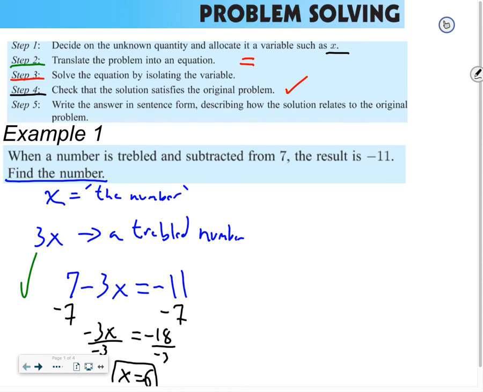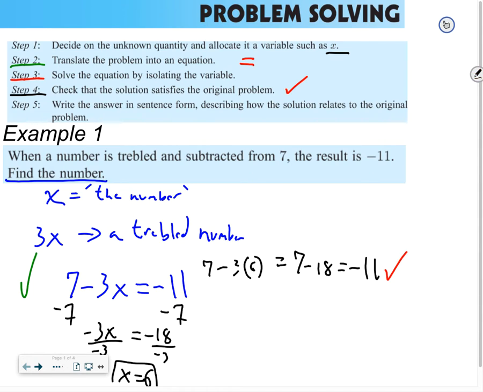So to check my solution, when a number is tripled and subtracted from 7, so when a number is tripled, so 3 times 8, and I'm going to subtract that from 7. Okay, well this is equal to 7 minus 20, oh, not 8, but 6. 3 times 6, so that's going to be 7 minus 18, and I see that this is equal to negative 11, verifying my solution.